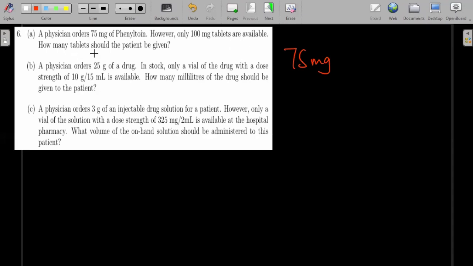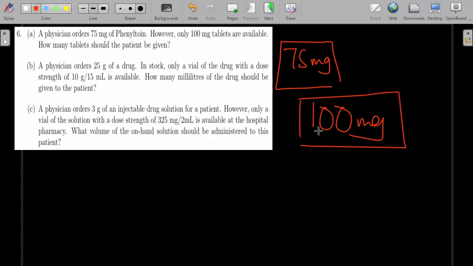How many tablets should the patient be given? So this physician wants to order 75 milligrams, however only the 100 milligram tablets are available. The question now is how many tablets should this patient be given?